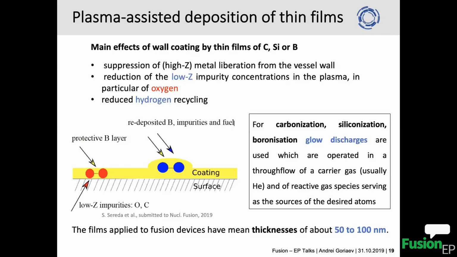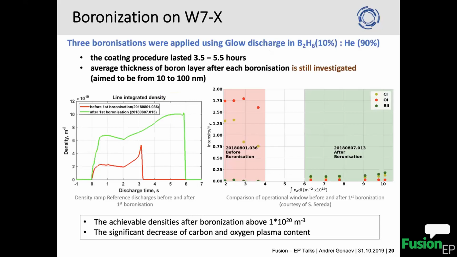On W7-X, we applied boronization. It means that we covered our walls with a boron layer. There were three boronizations done in the last campaign. We used glow discharge and a mix of diborane and helium: 10% diborane and 90% helium. Depending on the procedure, it took from 3.5 to 5.5 hours.